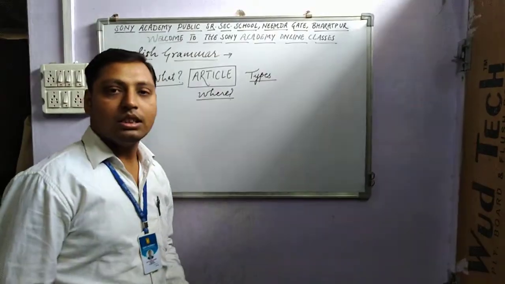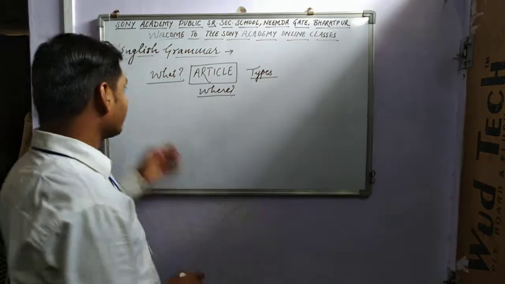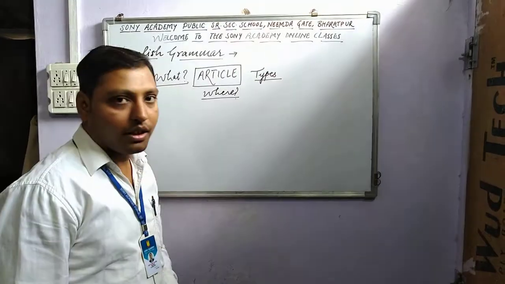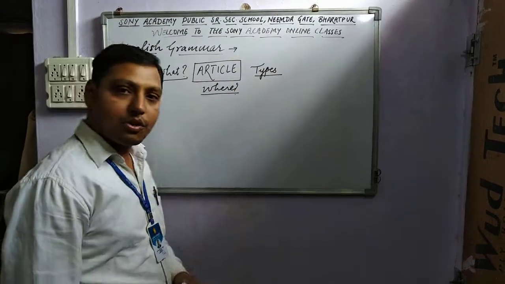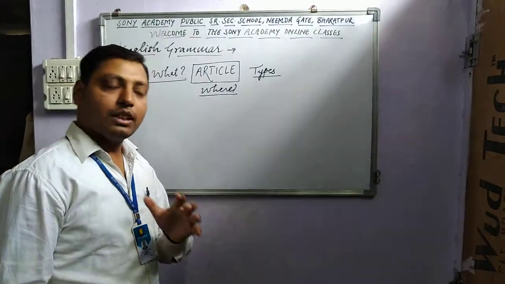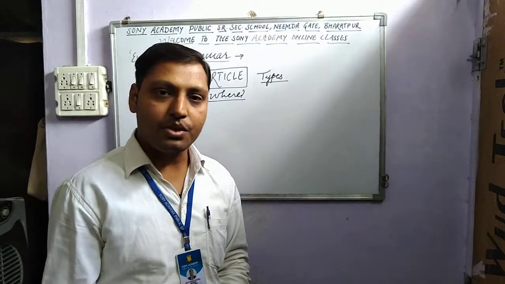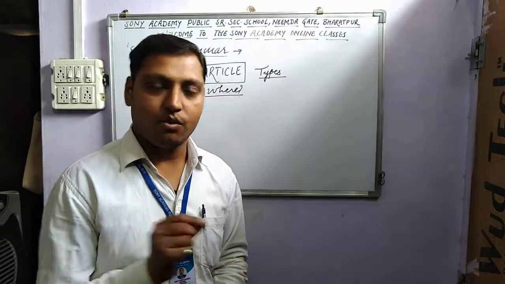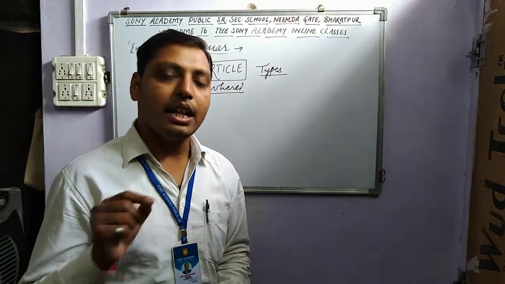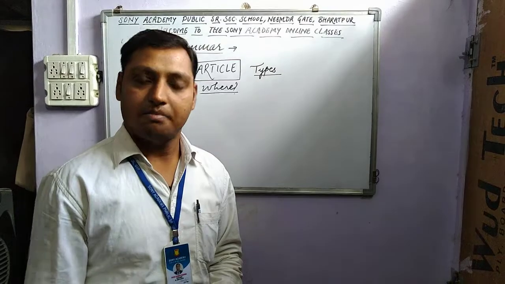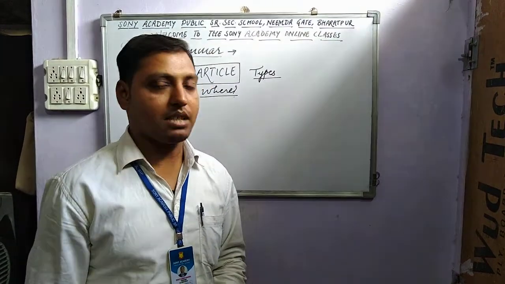So first of all, I would like to tell you what the articles exactly are and where they are used. We should keep in our mind that an article is always used before nouns, and they refer to whether the noun is general or specific.